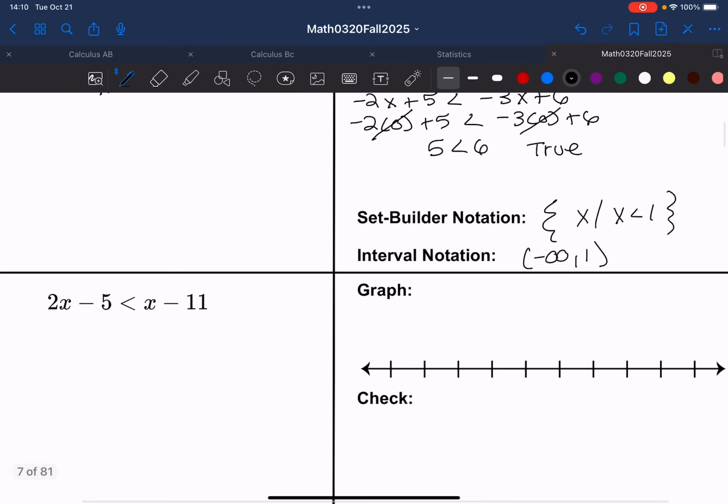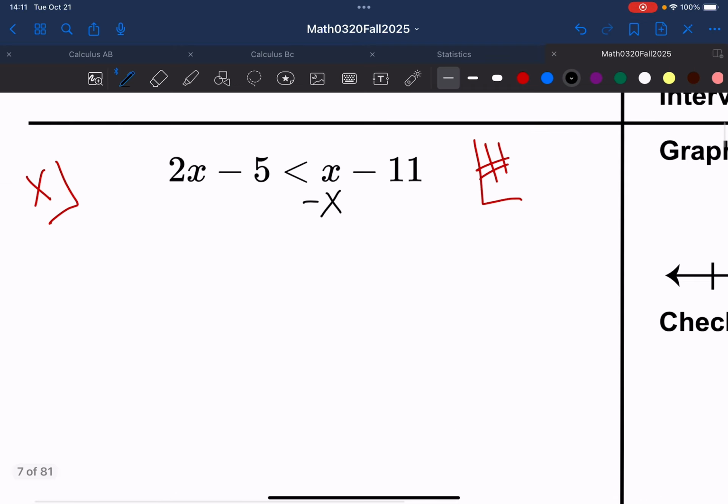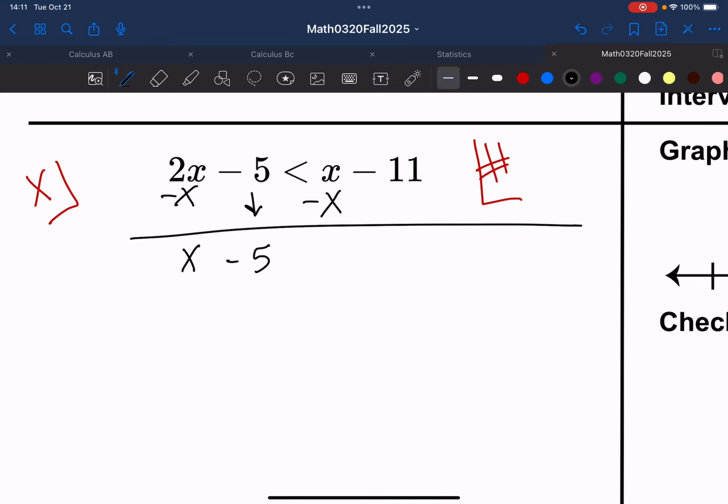Okay. Next example, I'm going to do the same thing, move my x's over to one side and my numbers over to the other. Okay, so moving my x over, that's subtracting x. 2x minus x is just x. Bring down minus 5. My x's cancel out.